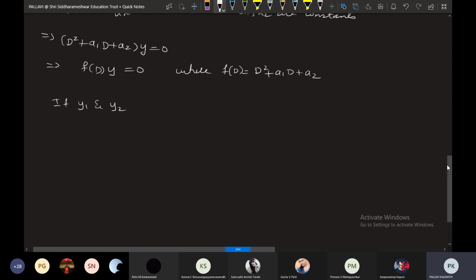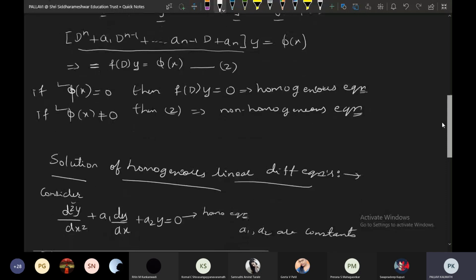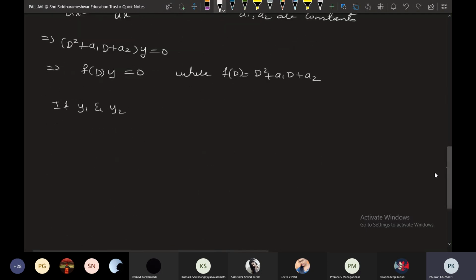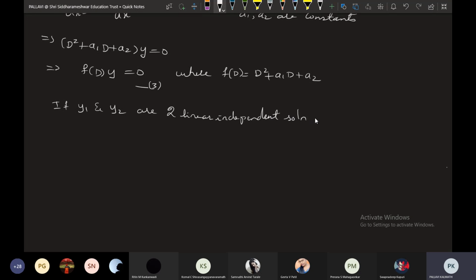We have marked equation 1 and 2 so far. Then let me consider this as equation 3. So write down, if y1 and y2 are two linear independent solutions of equation 3.